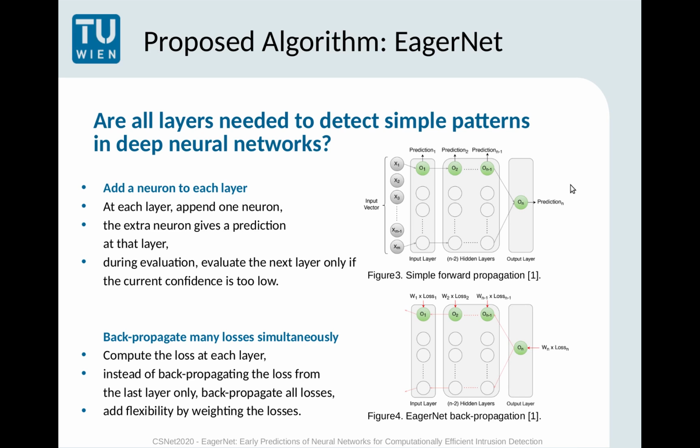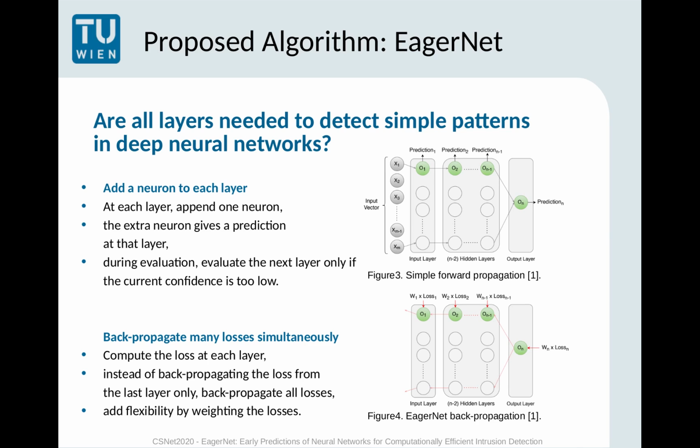And what we do during evaluation is we evaluate the prediction of each layer, and then we stop evaluating if the prediction at that layer meets a certain threshold. So if the confidence is high enough, let's say at layer 2 we are 90% confident that this is normal traffic, then we stop there.